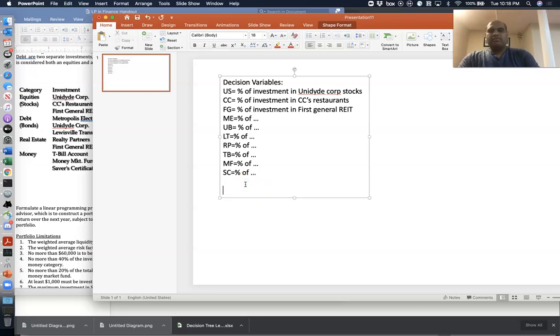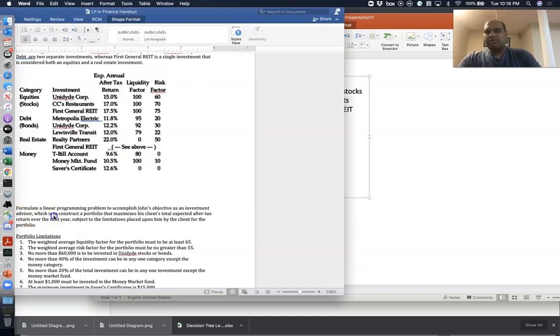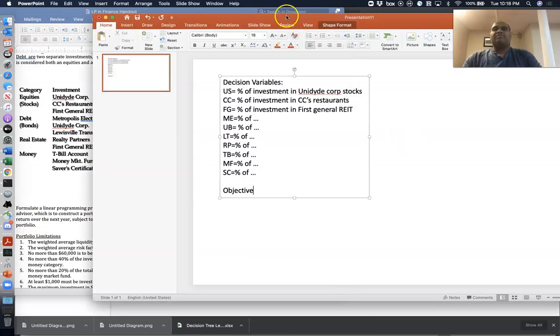So that's step 1. Step 2 is the objective. In this case, the objective is clear because it says so here: John's objective is to construct a portfolio that maximizes his client's total expected after-tax return. So you have to maximize that.